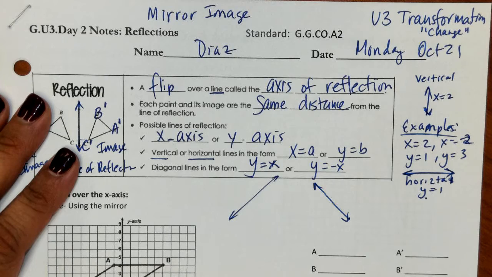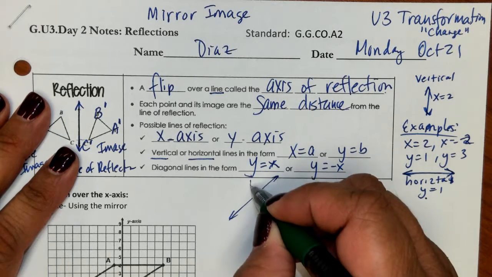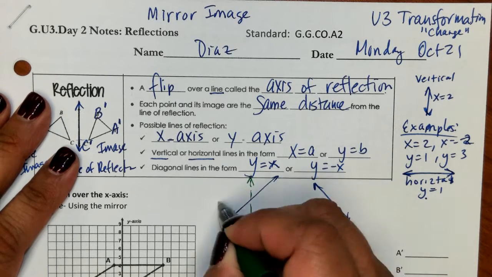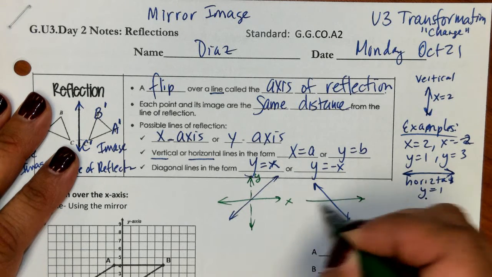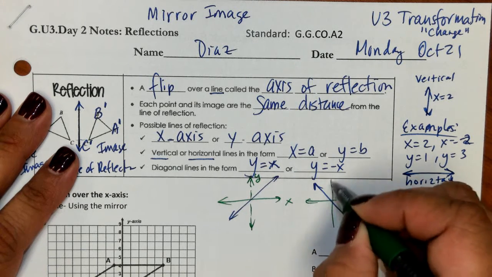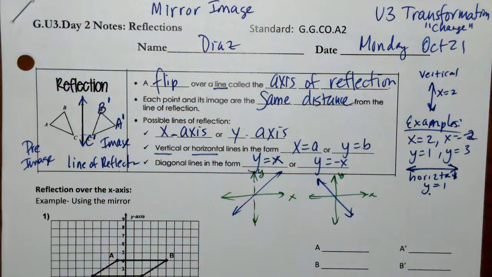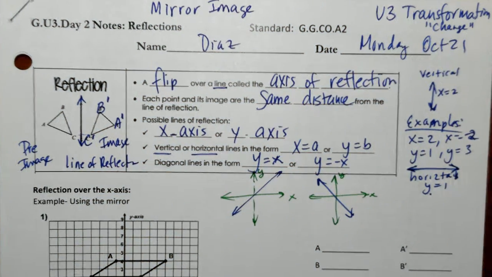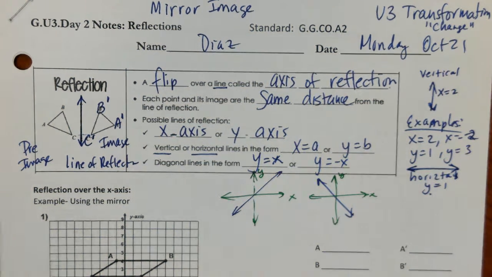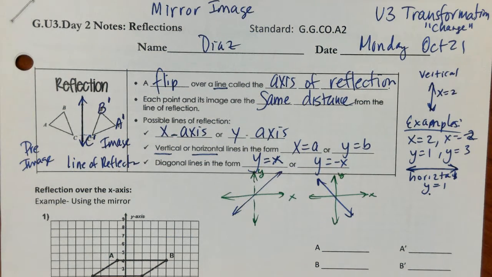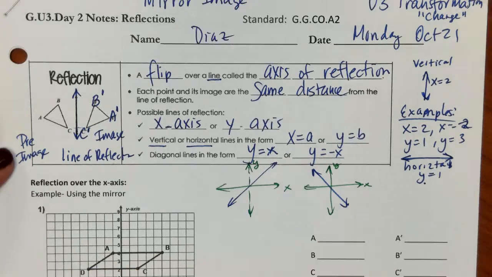I'll draw your little coordinate plane for you. That's your x, that's your y. As you can see, that is a diagonal, and we'll talk about that in a little bit.